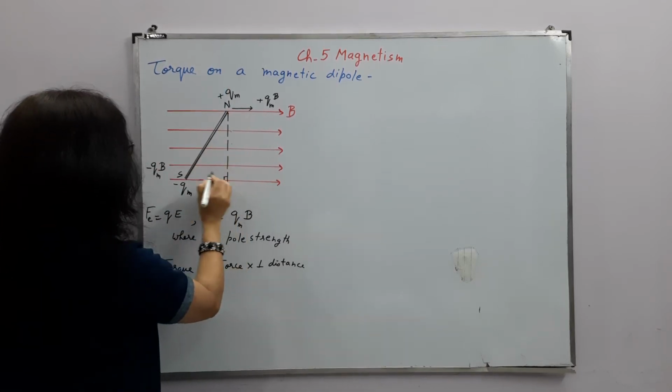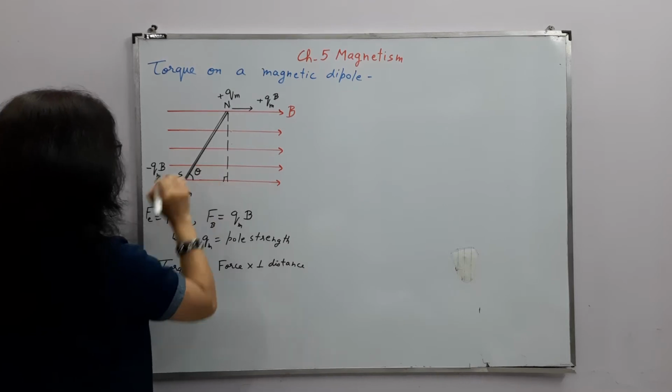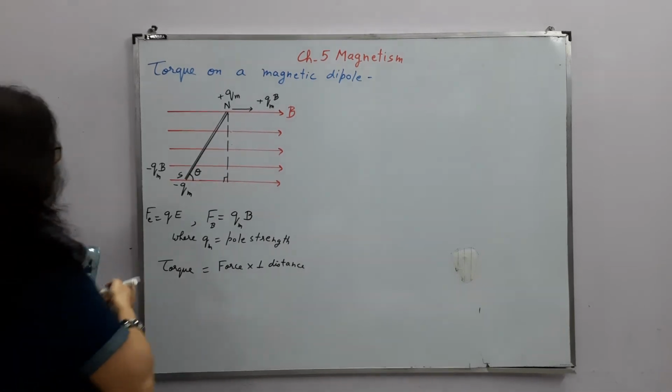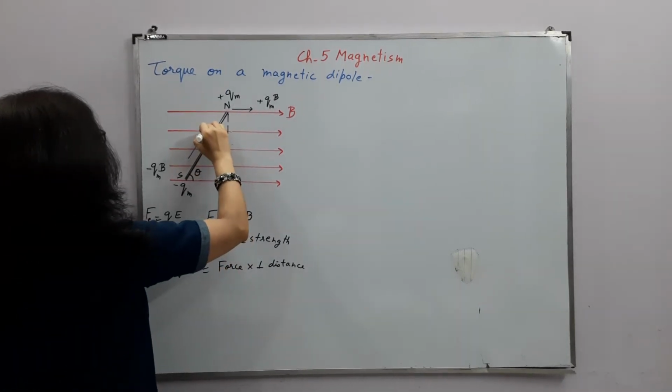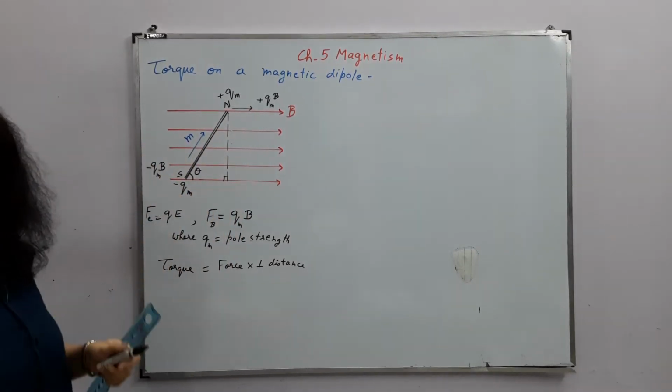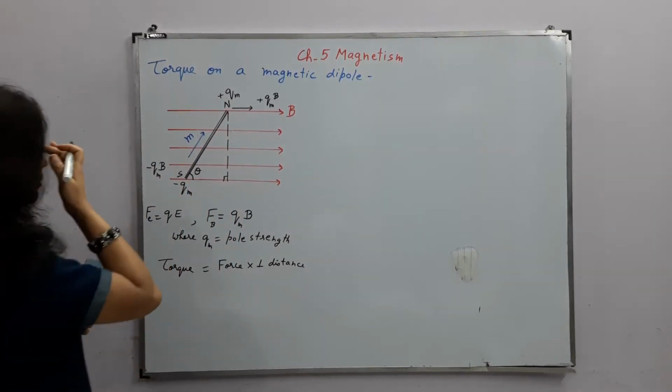If this is your triangle, this is the angle which this bar magnet, or you can say the magnetic dipole, makes with the magnetic field. So this is the direction of the magnetic moment, which is directed from south to north.